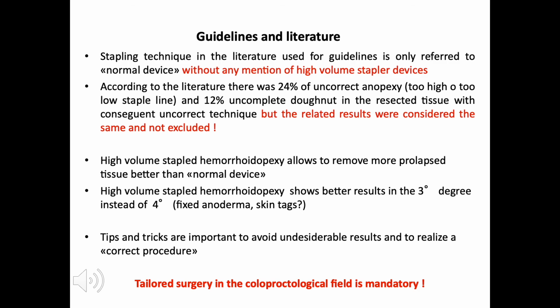And if you look inside the group with the anopexy, we can see that 24% had an incorrect anopexy with a staple line too high or too low, and 12% an incomplete donut in the resected tissue, with the consequent incorrect technique. But if you look at the results, they were considered the same and not excluded.